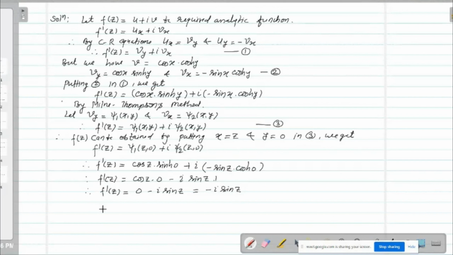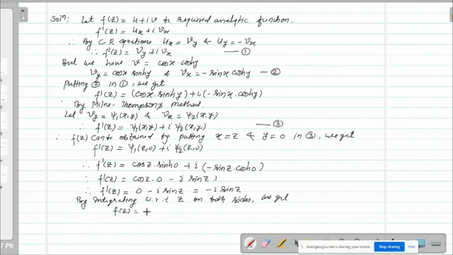So now integrating with respect to z on both sides, we get F of z. If you integrate with respect to z, the derivative will disappear.